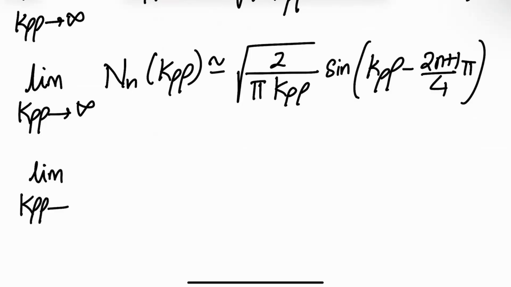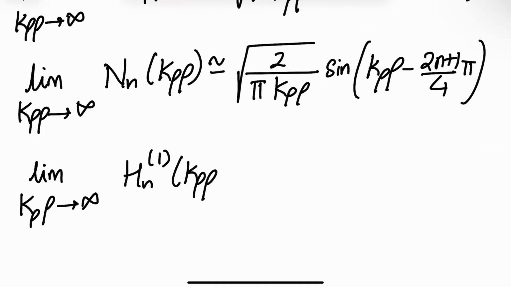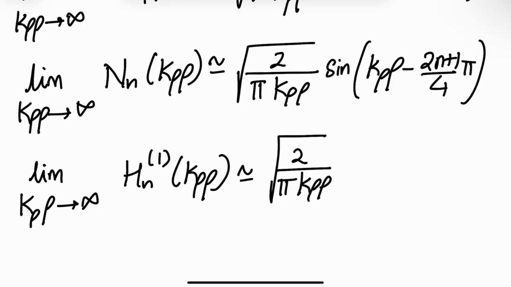Limit k rho tends to infinity. So I mean, hopefully this makes sense that this is k subscript rho times rho goes to infinity. Hankel functions, of course, as you can guess, would be related to exponentials. Right? And you can directly see that from the previous relationship, the Hankel function in terms of the Bessel functions. k rho rho minus (2n plus 1) over 4 pi.